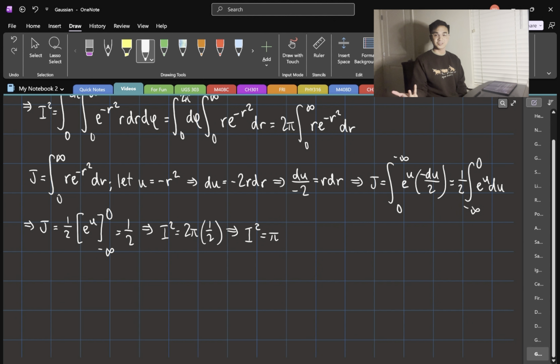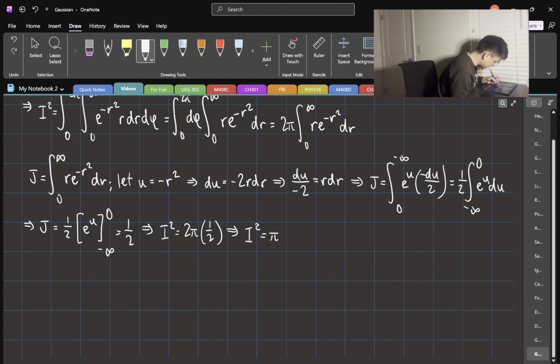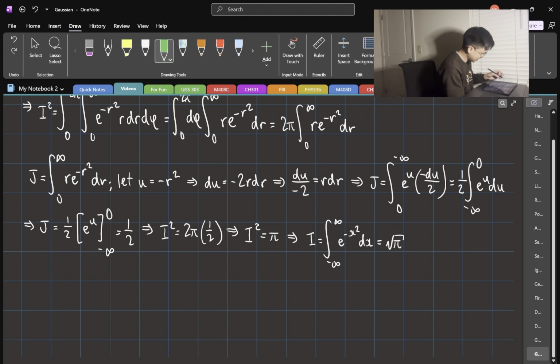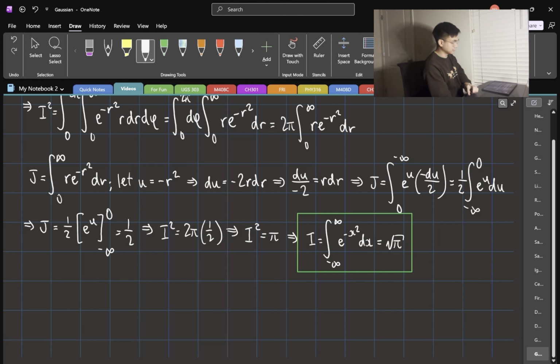Since this is I squared, we can just take the square root and we'll have, at the end of the day, I, which is equal to the integral from negative infinity to infinity of e to the minus x squared integrated with respect to x. That is equal to the square root of pi. Wow, isn't that satisfying? I don't know, maybe I'm just weird, but I think that's pretty satisfying.